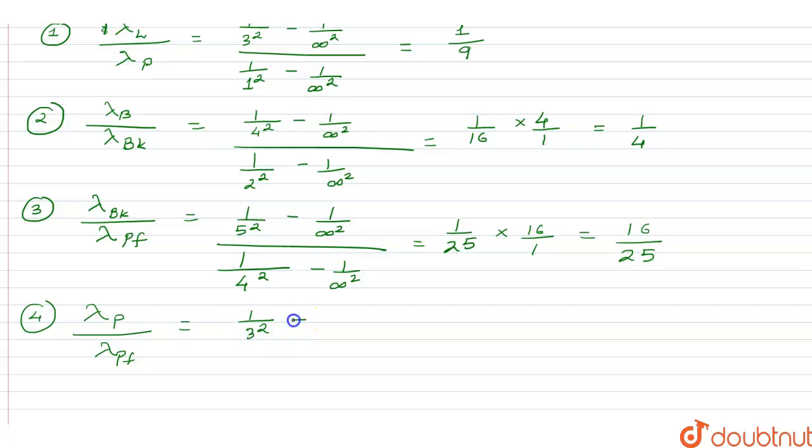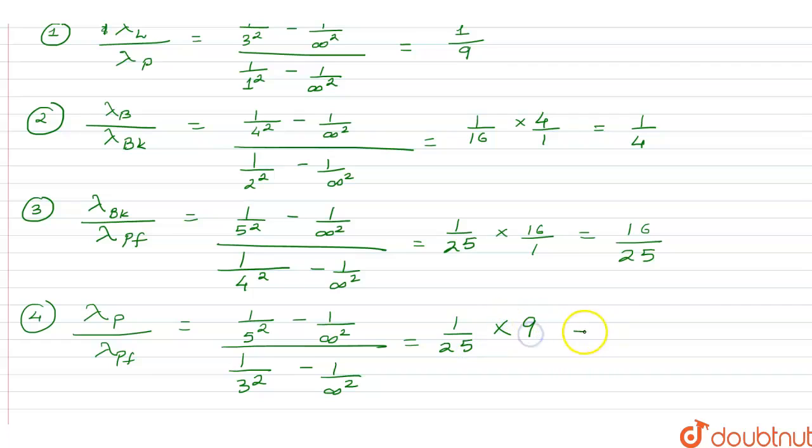So 5 square, because Pfund is in the denominator on the left hand side, and 1 upon 3 square minus 1 upon infinity square. So this would make it 1 upon 25 into 9. So this will become 9 upon 25.